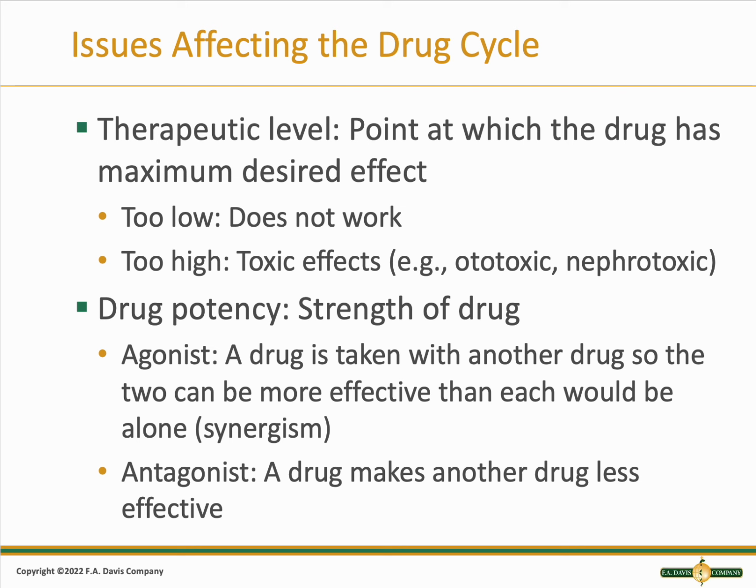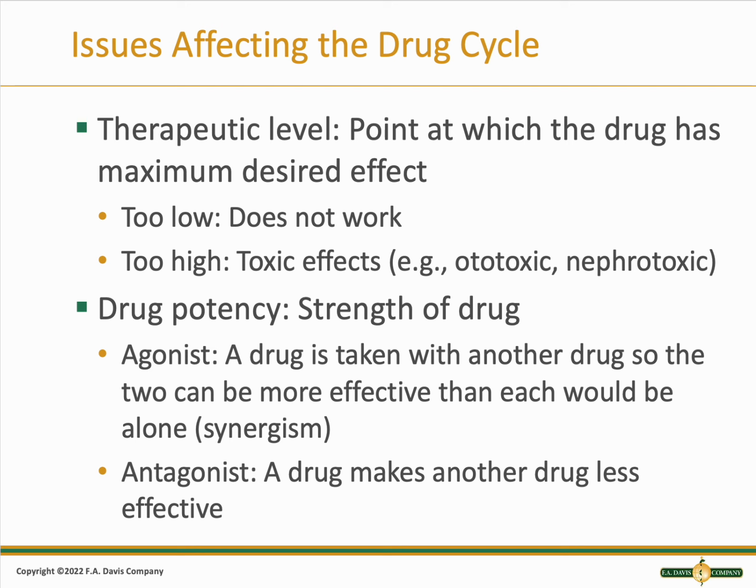All right, so now we're going to shift just a little bit. We're going to talk about therapeutic level. As the chemical from the drug in that capsule gets into the blood, there is a range that is perfect. That is what we want, and that is known as the therapeutic level.